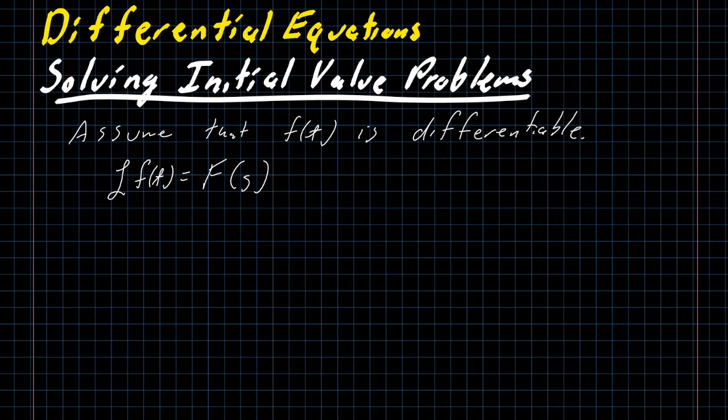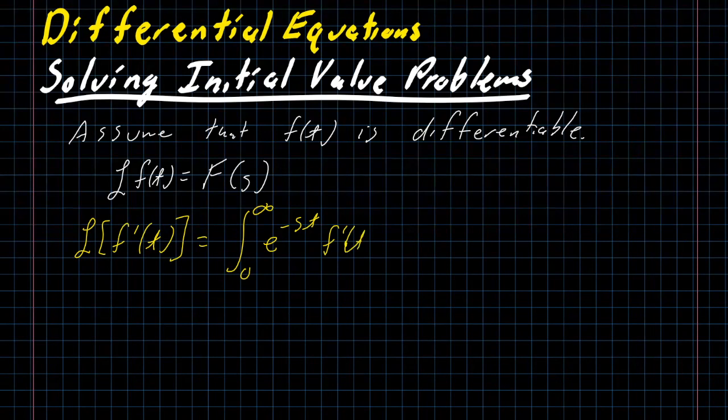And with that, I want to evaluate the Laplace transform of f prime of t. Well, we know that this is, by definition, the integral from 0 to infinity of e to the minus st times our function f prime of t dt.